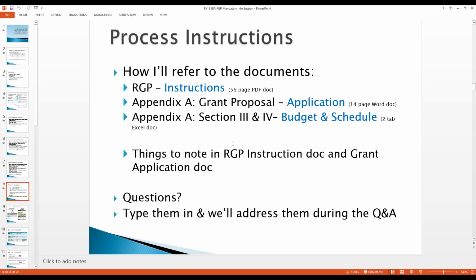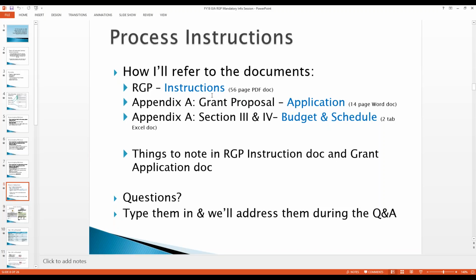Okay, before we get into the discussion, I want to tell you how I'm going to refer to different documentation. As you may have already downloaded from the purchasing website, there were 3 files available to you: the request for grant proposal, which most of the time I will refer to as the RGP instruction booklet.